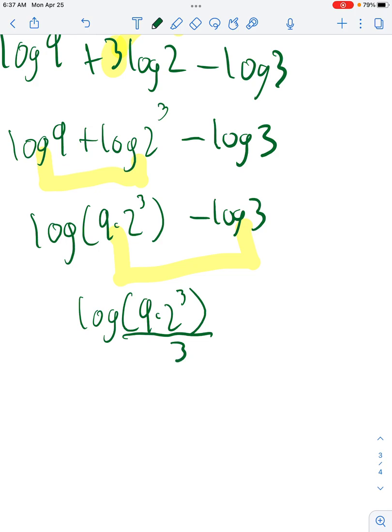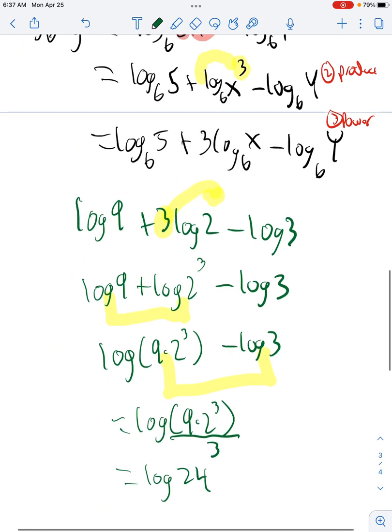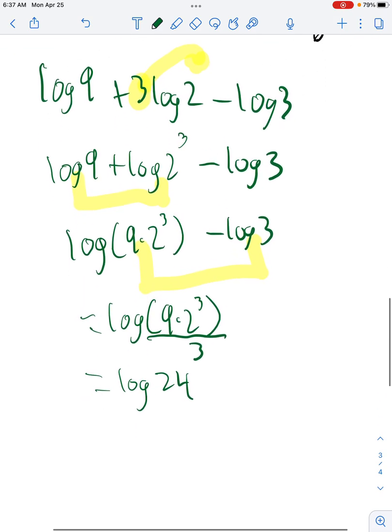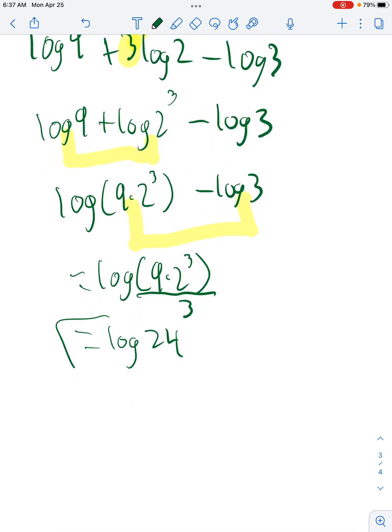And so if I think about that, 9 times 2 to the third divided by 3 is just going to give me log of 24. So I took this long expression here, and was able to simplify it to log of 24.